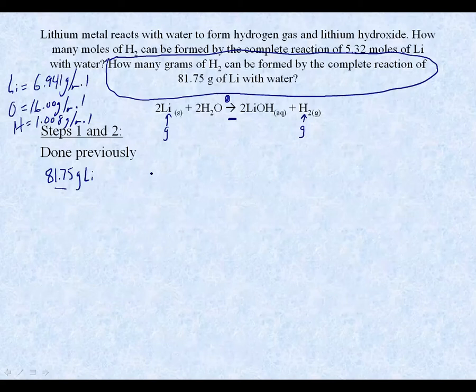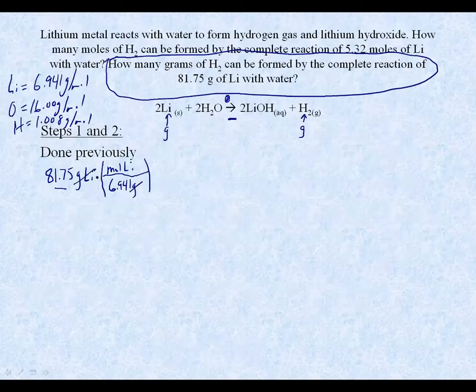So the next thing you want to do is take whatever they gave you and convert it into moles. Again, we would go to the periodic table to do that. And from the periodic table, we see that there are 6.941 grams per mole of lithium. And that's going to be our conversion factor to get rid of the grams.